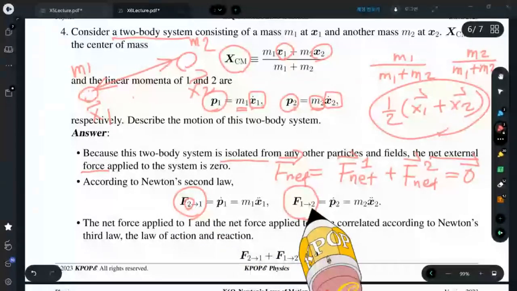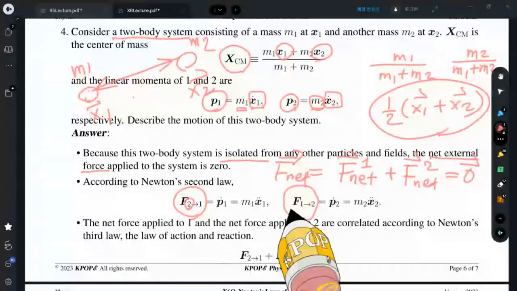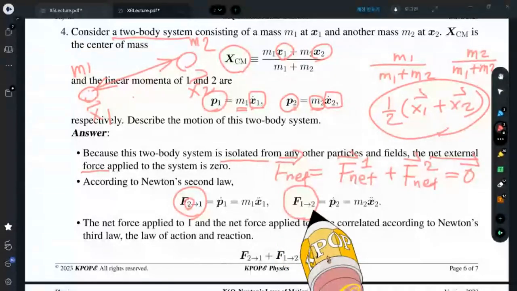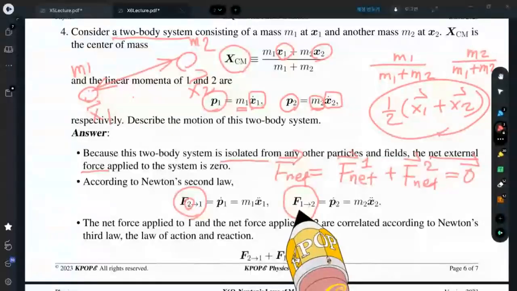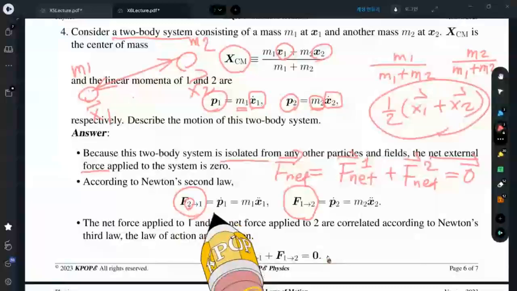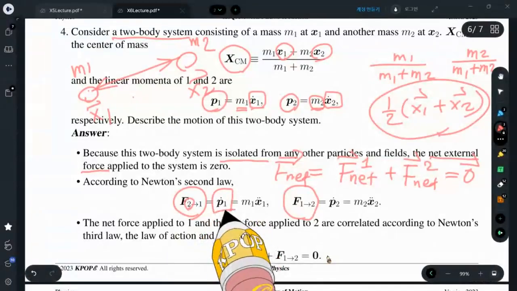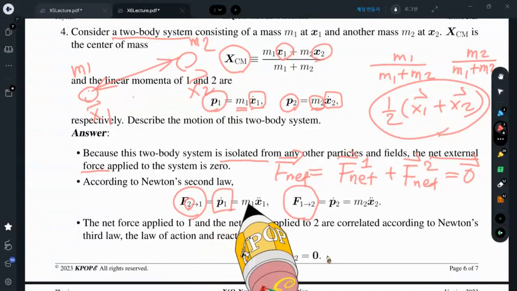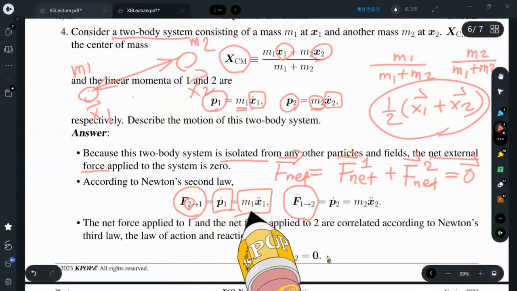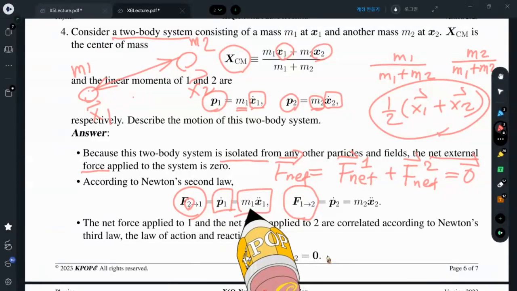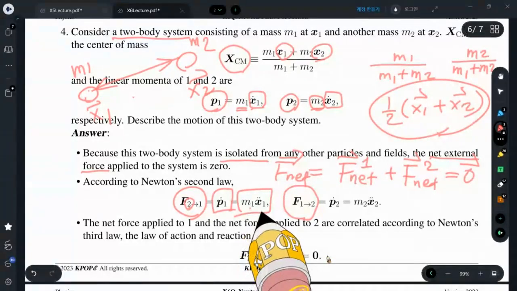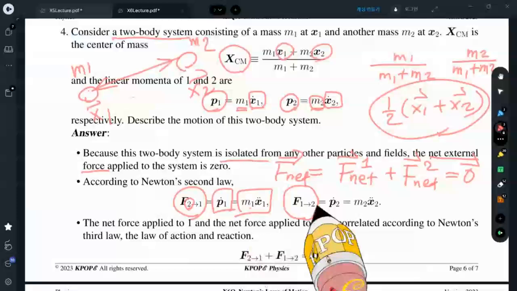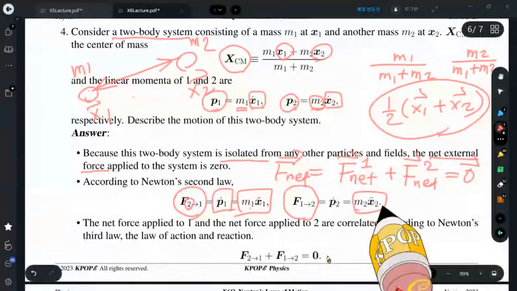In reverse, F12 represents the force applied to particle 2 by particle 1. That must be the time derivative of linear momentum, and that is, by definition, mass times acceleration of the first particle, and mass times acceleration of the second particle.